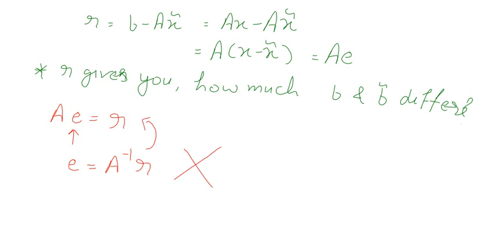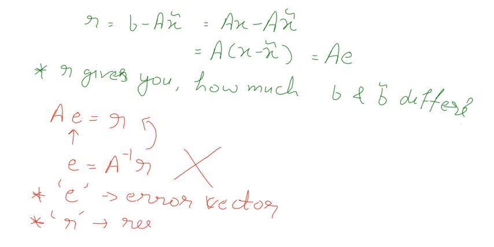So E is called the error vector and R is called the residual vector.